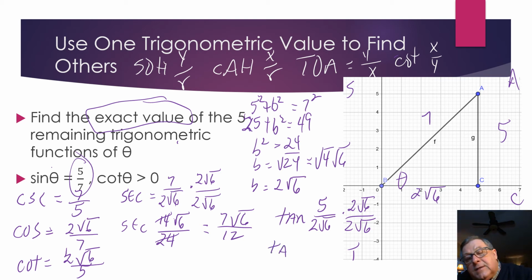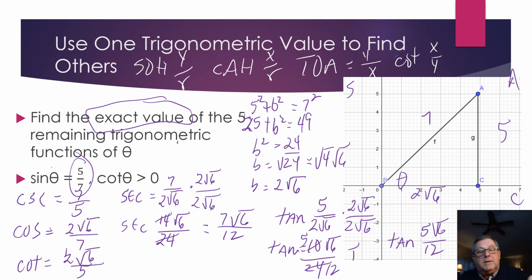And the tangent then is equal to 10 times the square root of 6 over 24 again. But once again, I can simplify this a little bit, so my tangent then is equal to 5 square root of 6 over 12.